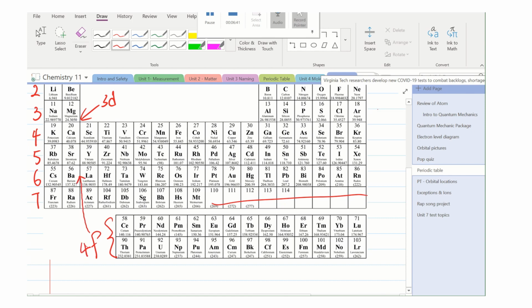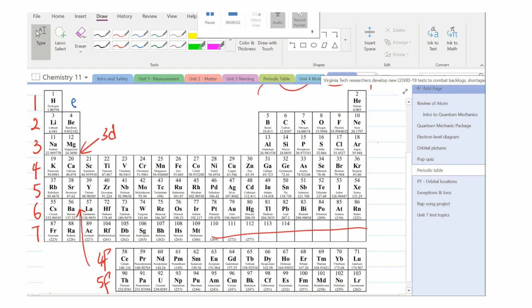Okay, so this is the 4f, and this is the 5f, but you don't need to know them. Okay, but I just want you to know that's where they begin. So 4f goes here, and then 5f goes to the next one. Okay, so now you have that.